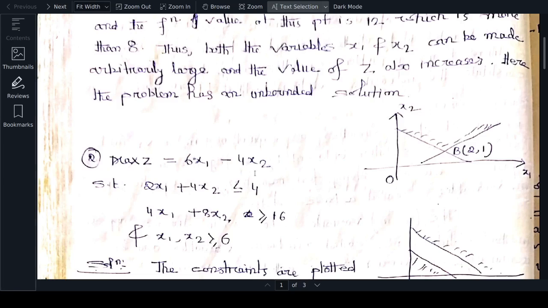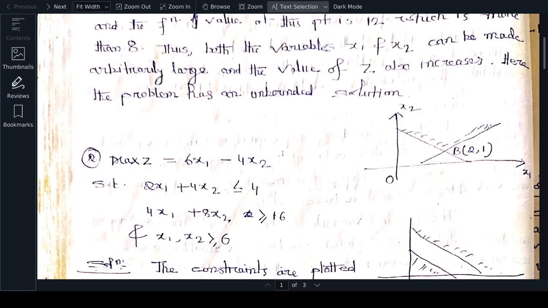So clear everyone? Yes, sir. Okay. So from this you put x1 equal to 0, then you get the value of x2, x2 equal to 0, you will get the value of x1.